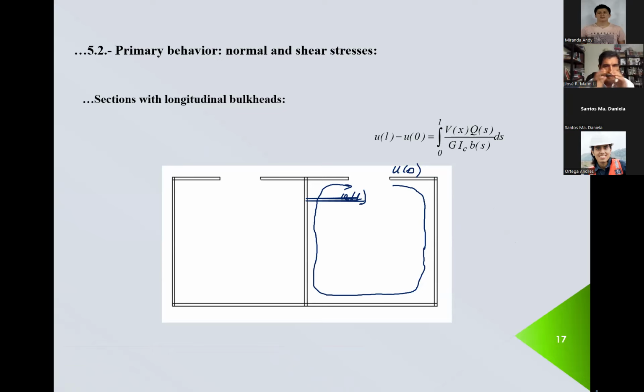They have taken this section with closed cells, and you have something like this and put a longitudinal bulkhead, that's the result, right? You have one cell here and another cell on the other side. So you have this section with cells.